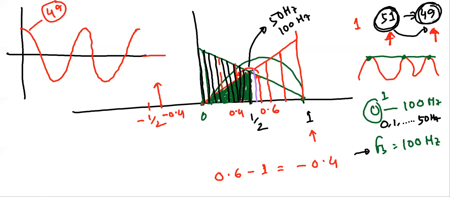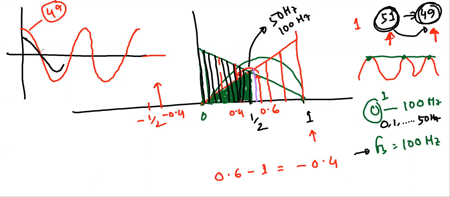This is an aliased signal from the 51, of course, isn't it? And this new 49 hertz, you never know its amplitude. Let's say the amplitude of the new 49 is lower than the previous one. Just to make you understand, this new 49 may look like this.